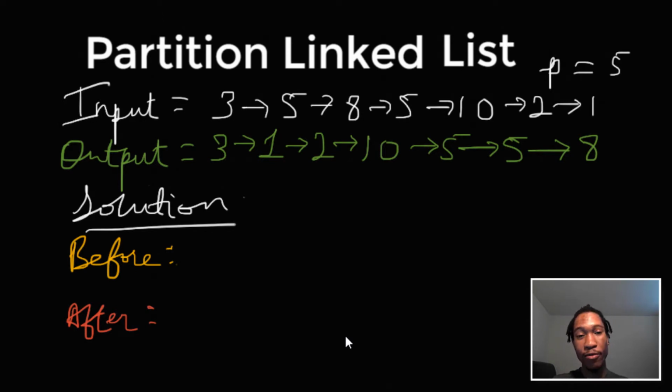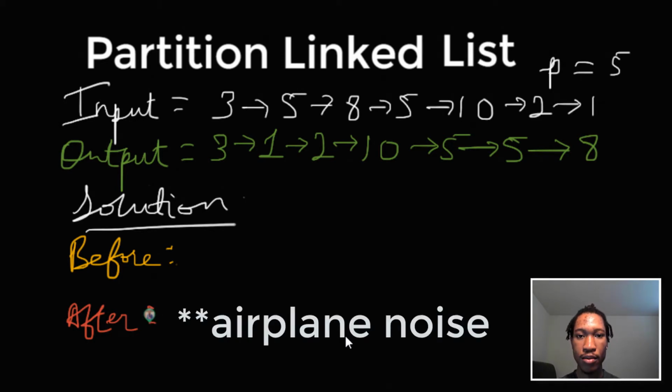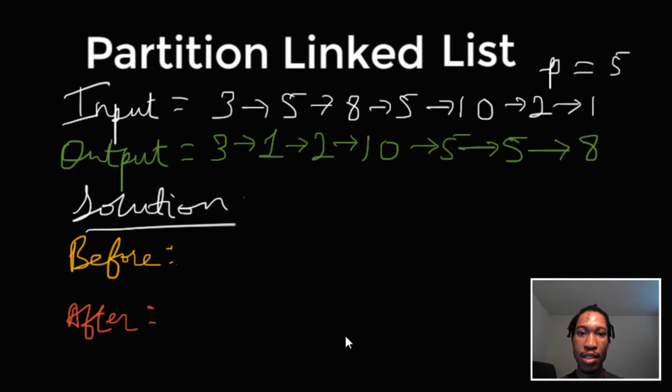Remember, we have one caveat in the question. The pivot value, which is this 5 right here, can be anything. If the pivot value is contained within the linked list, which it is in this case, though sometimes it cannot be, it should be among the after nodes, the nodes that are greater.